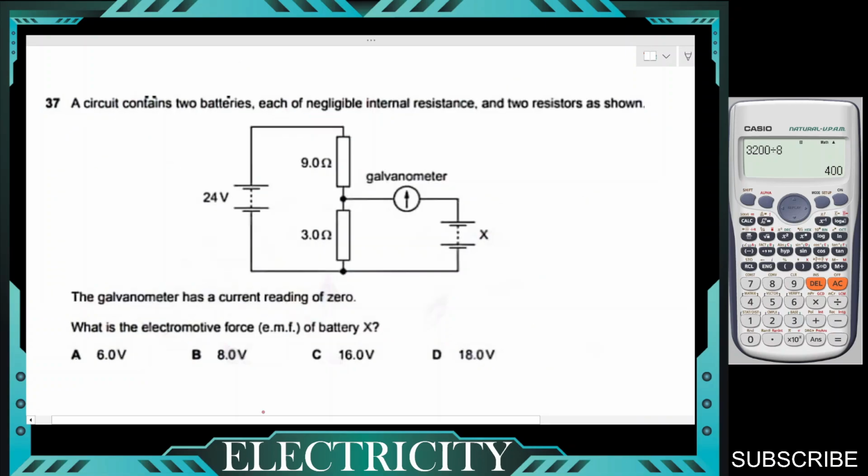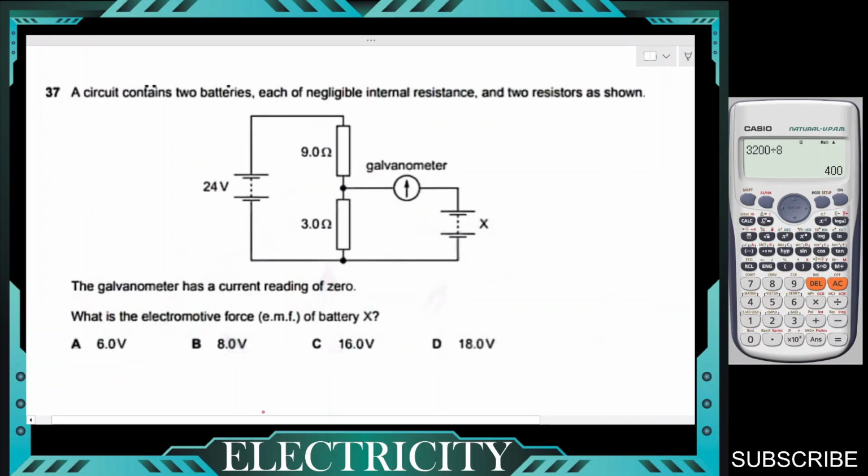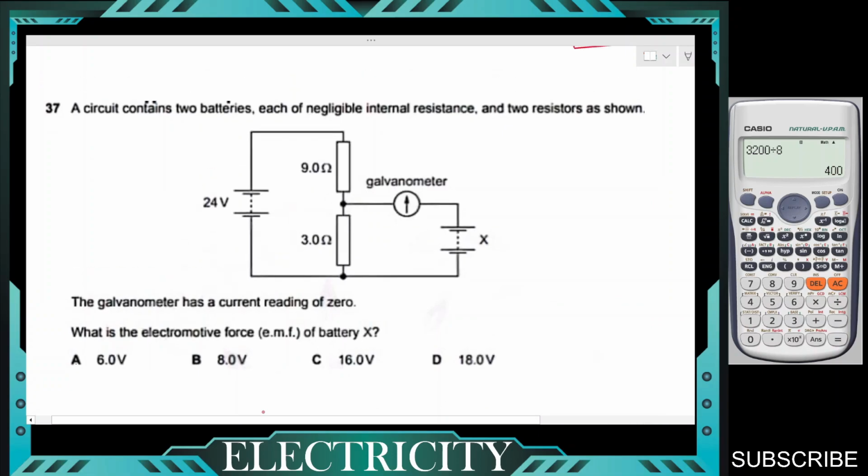A circuit contains two batteries, each of negligible internal resistance, and two resistors as shown. So kind of an easy one, I think. The galvanometer has a current reading of 0. If you're provided with this, that means the potential at this point, let's call it A, would equal the potential at this point.